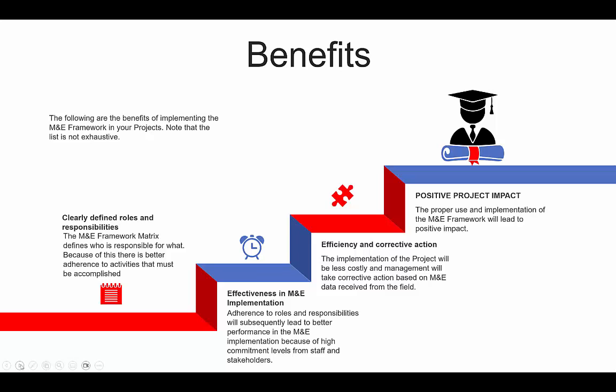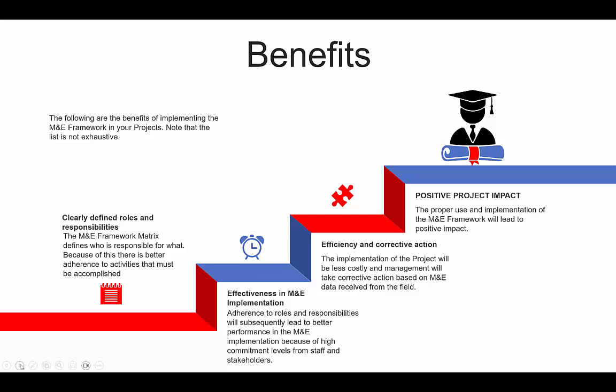Now, imagine in your organization, you have 10 project staff doing M&E. Each of those staff need to know their roles and responsibilities when it comes to the implementation of monitoring and evaluation in the organization. Who does the data collection? Who does the analysis? Who does the reporting? When is this reporting done? How is it done? Using what tools? The framework answers all those questions.